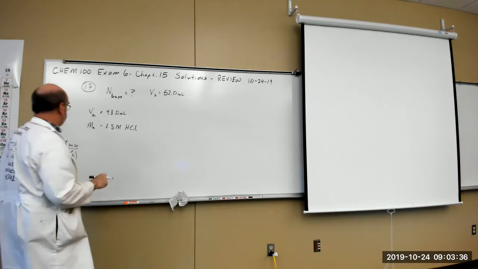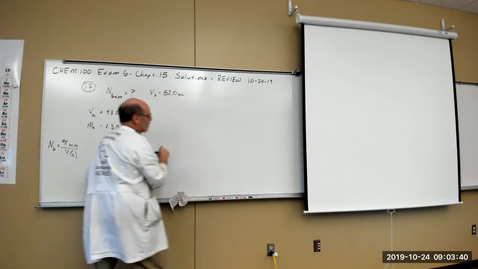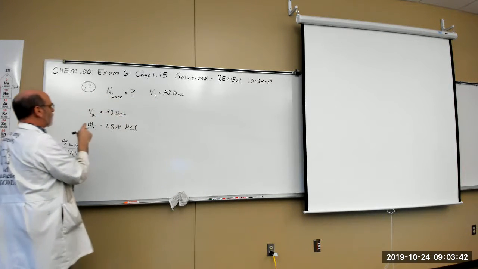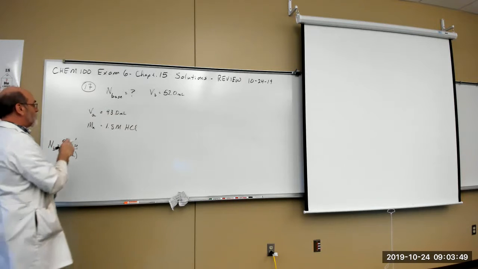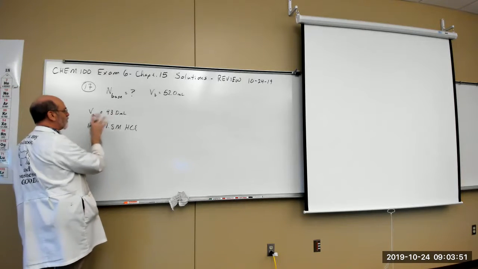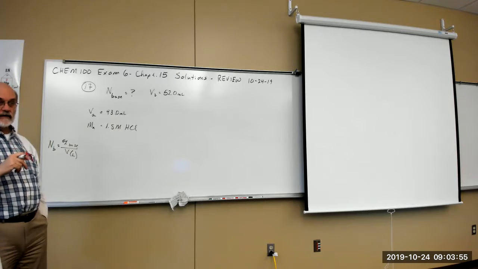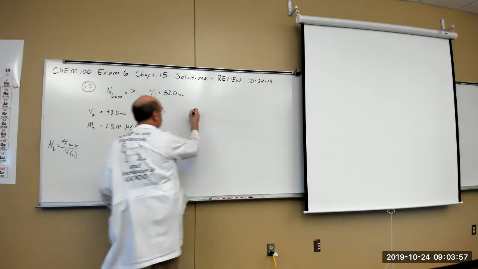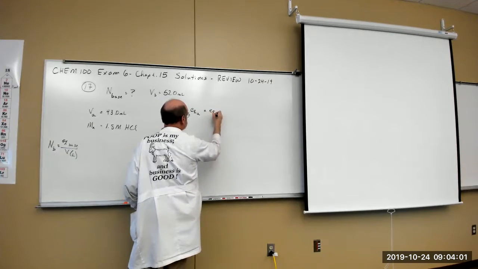But here's another trick. The equivalents, let's see if I get this right. Yeah, required to neutralize. So the number of equivalents of base is going to be exactly equal to the number of equivalents of acid. Right? So equivalents of acid equals equivalents of base.